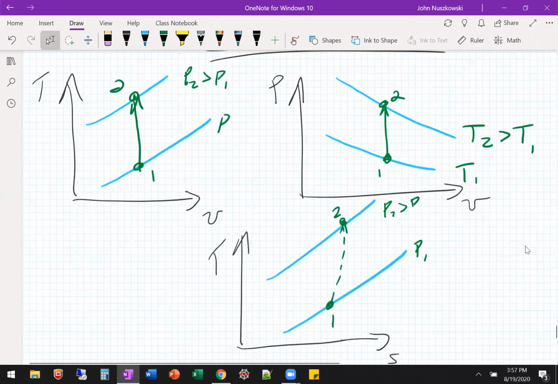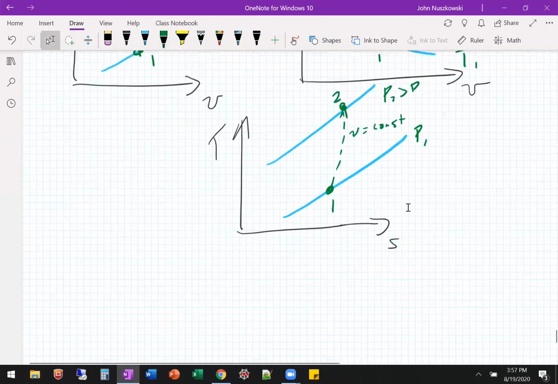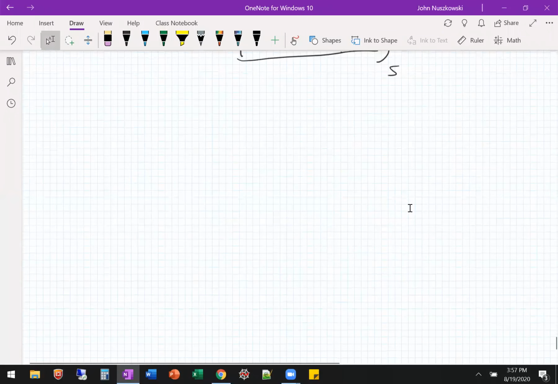We also, it's typically, I don't have you guys memorize it, but that's the constant volume line too on a TS diagram, because V is constant. So it goes in this steep slope that way. Okay. Questions?